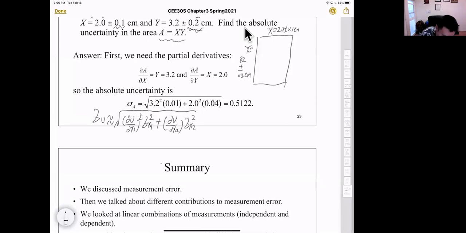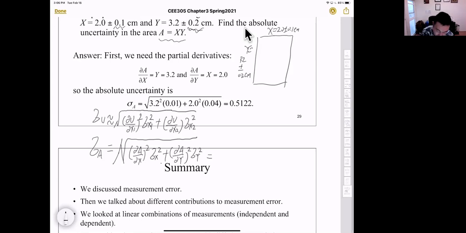Here the function is A, and A is equal to x times y. So plugging into the equation, there will be the partial derivative of A for x squared times sigma x squared, plus the partial derivative of A for y squared times sigma y squared.